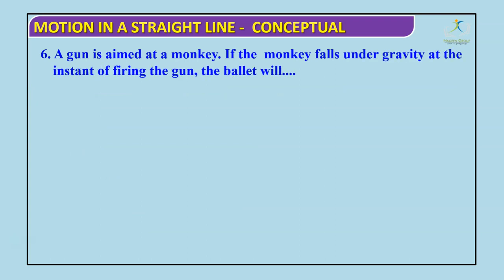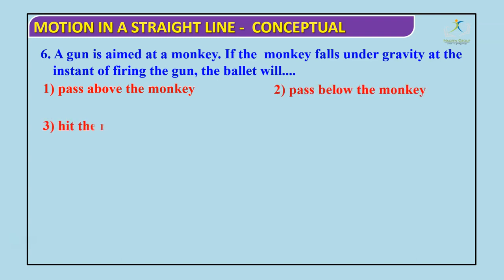Next question: a gun is aimed at a monkey. If the monkey falls under gravity at the instant of firing of the gun, the bullet will pass above the monkey, pass below the monkey, hit the monkey, or certainly miss the monkey. The correct answer for this question is hit the monkey.